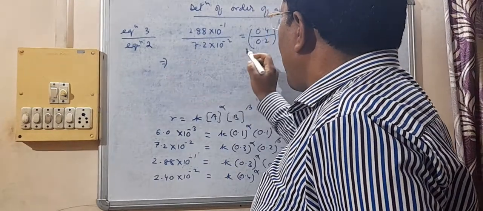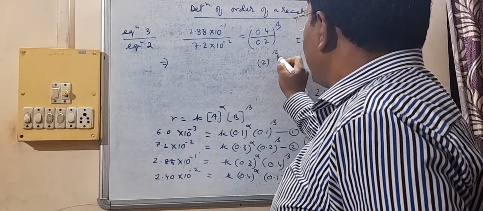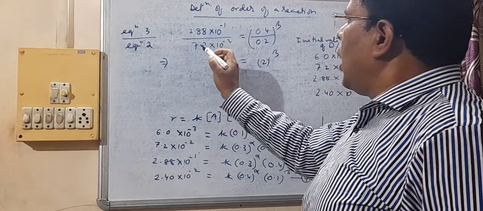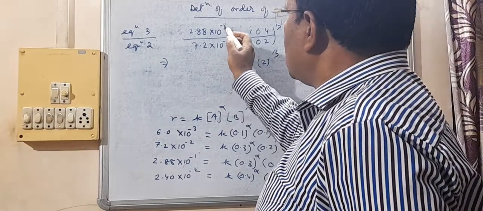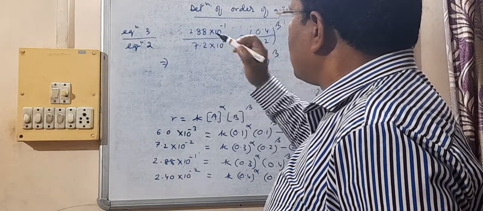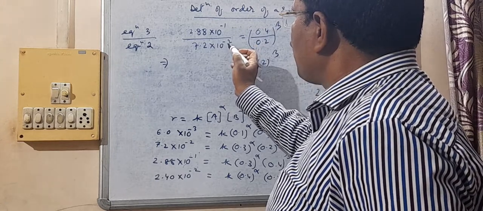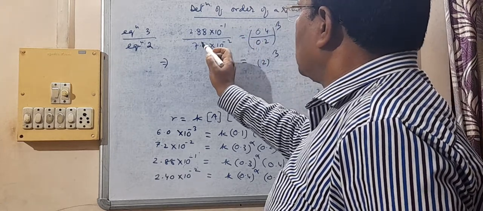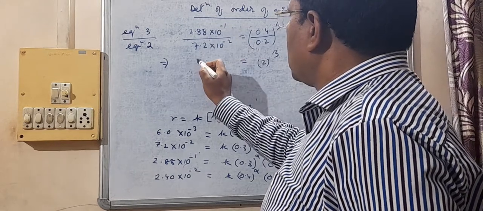That means this one will be 2 to the power beta, and on simplifying the left side, it will be 4.